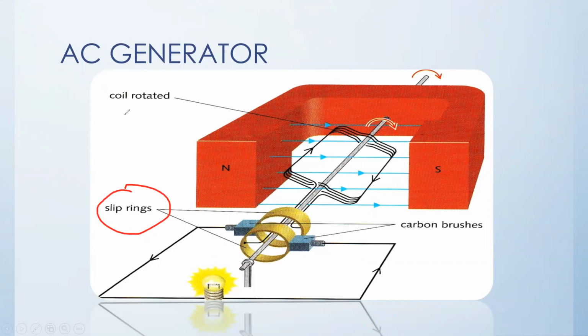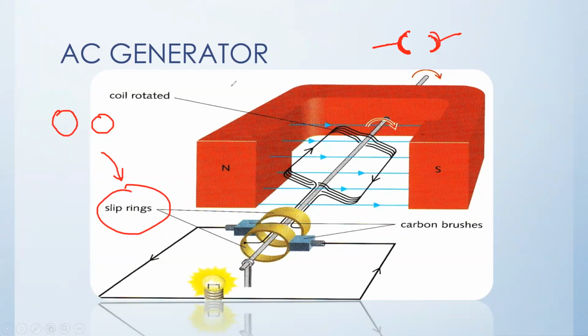How do we identify whether it is an AC generator or a DC motor? If it's an AC generator, it will always have slip rings, meaning complete circles. In a DC motor, there is another type of ring called a split ring, where the rings are split. So this is a split ring.